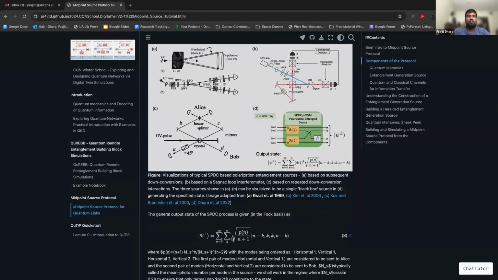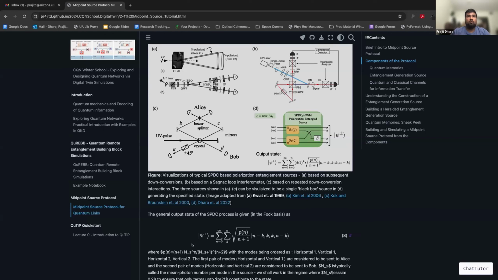So psi plus or minus is a superposition over a total number of n photons in a pair of modes, with some amplitude factor determined by how many photons there are in a single pair of modes, given that you have k photons in one mode and n minus k photons in the other mode, and vice versa.